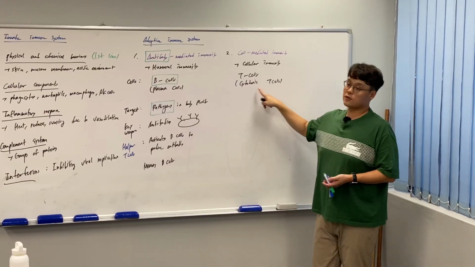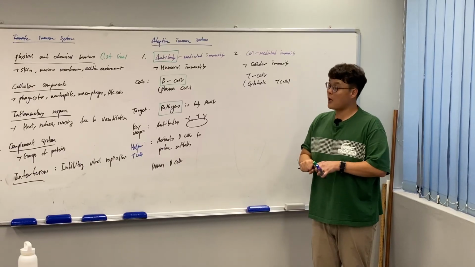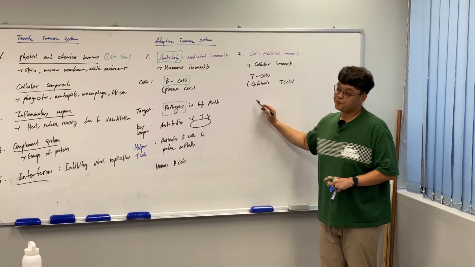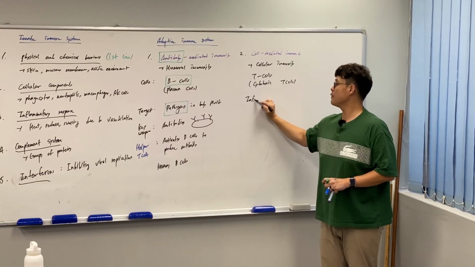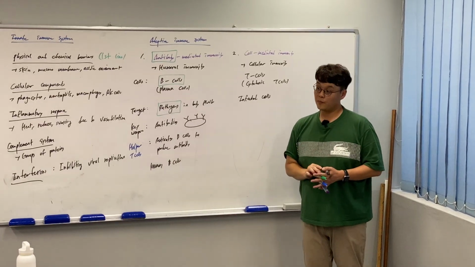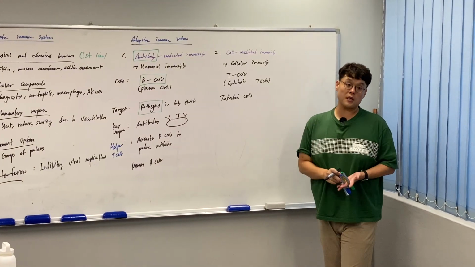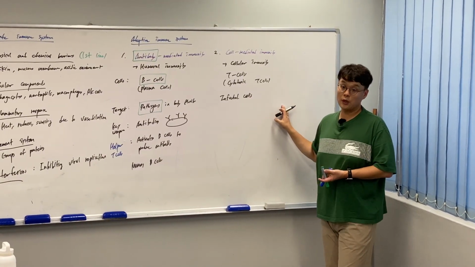The nickname of cytotoxic T cell is a killer cell. It kills not the pathogen though, it kills the infected cells. And a cancer cell can be killed by this kind of T cell as well too.